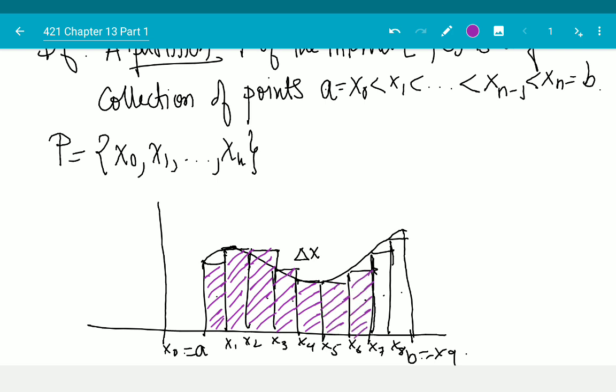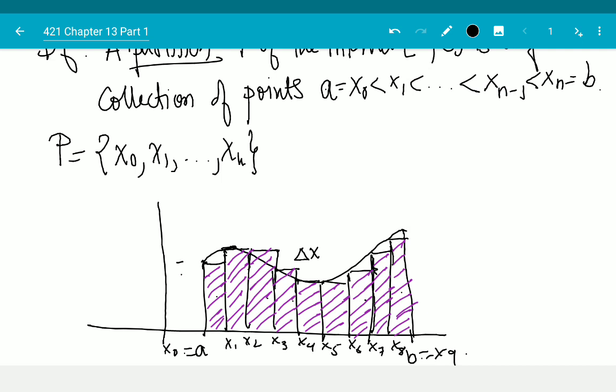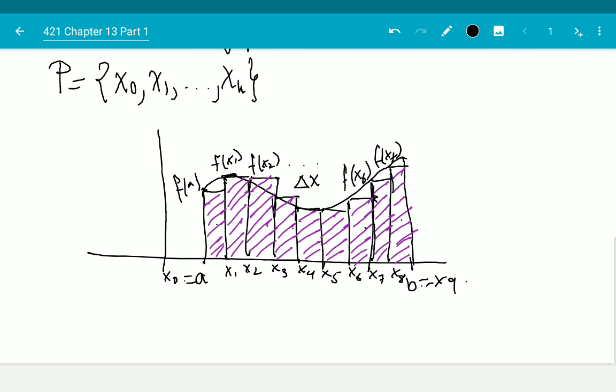Because these are just columns of delta x as base, and height is f of xi, right? So height of this one is f of a, f of x1, f of x2, x3. Well, let me say dot dot dot, f of x6, f of x7, and so on, right? So I'm going to look at this sum, right?